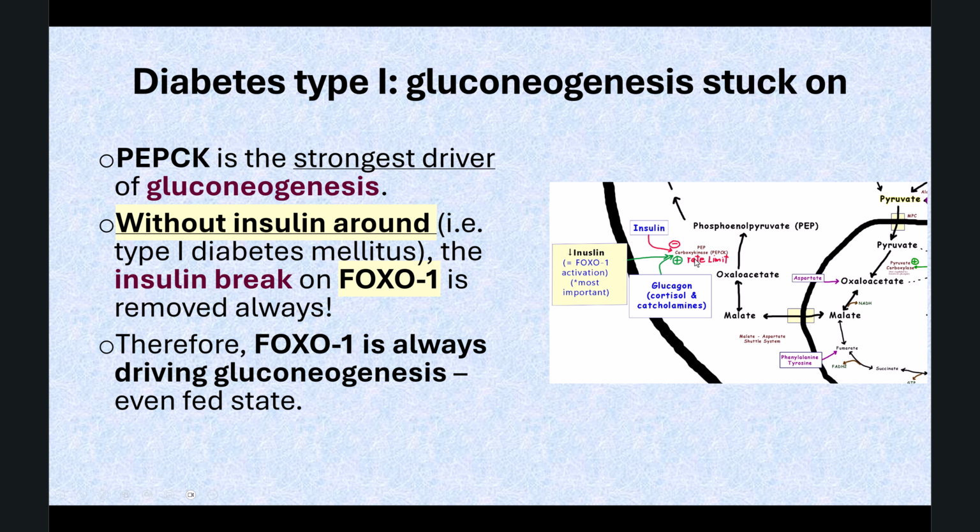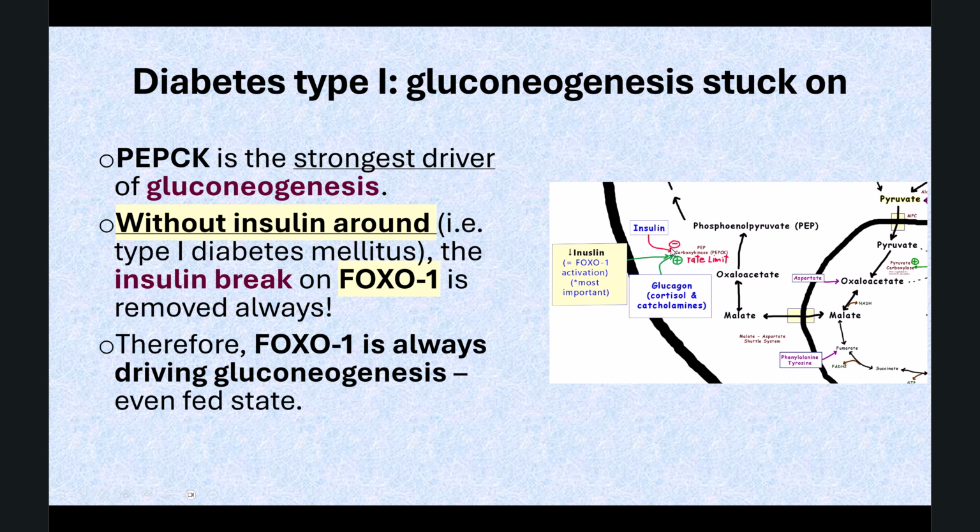Pepsi K is normally turned off in the fed state because you have insulin. And insulin puts the brake on Pepsi K and doesn't let it run. If Pepsi K is running, it'll take oxaloacetate and convert it to phosphoenolpyruvate. It'll drive gluconeogenesis forward. Even if you're eating a hamburger, it'll still drive it if it isn't inhibited. And most people make insulin and it inhibits it.